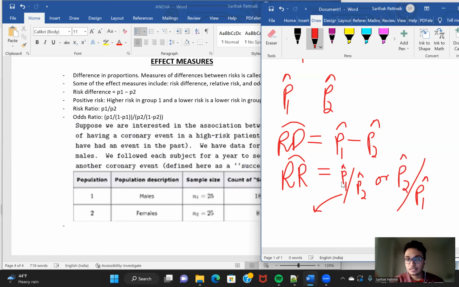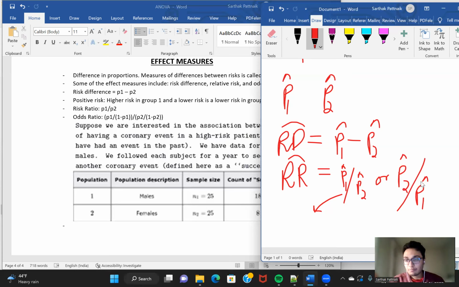If this entity is less than 1, then it means that there is more risk in P2 than in P1. So let me repeat myself. If we are taking the risk ratio P1 by P2, and this entity is greater than 1, it means there is more risk associated with the first sample than the second sample.